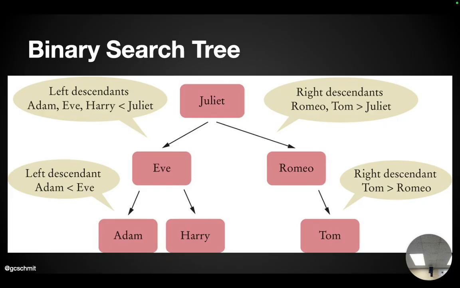What data structure have we studied that behind the scenes might actually be a binary search tree? Any thoughts? What do you think? Priority queue.